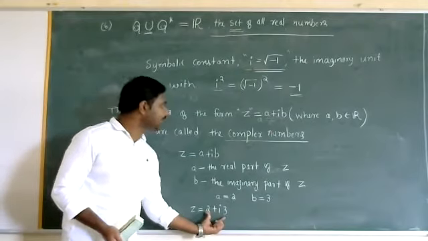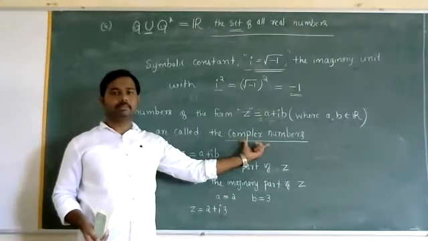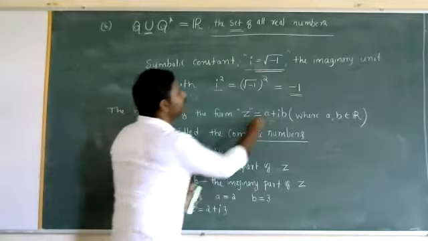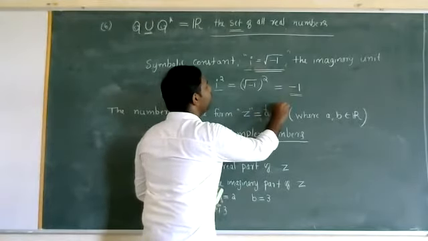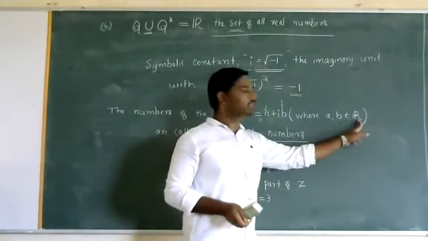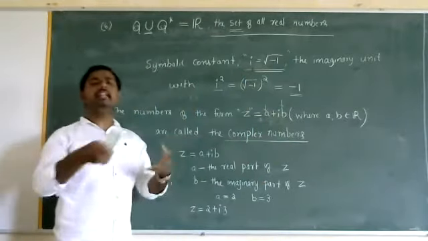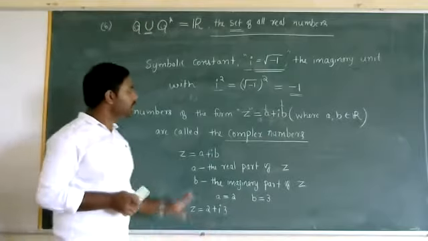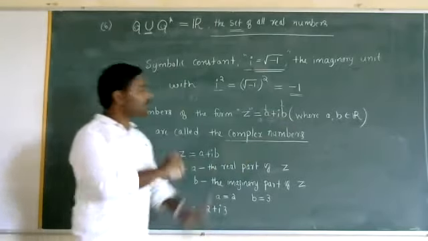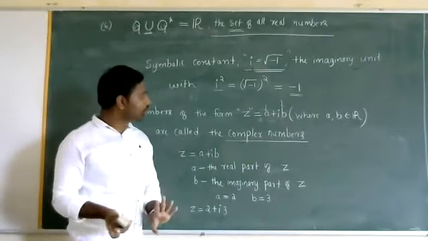It is an example of a complex number. Here we can vary a and b over the set of all real numbers. a and b can take any real number values.